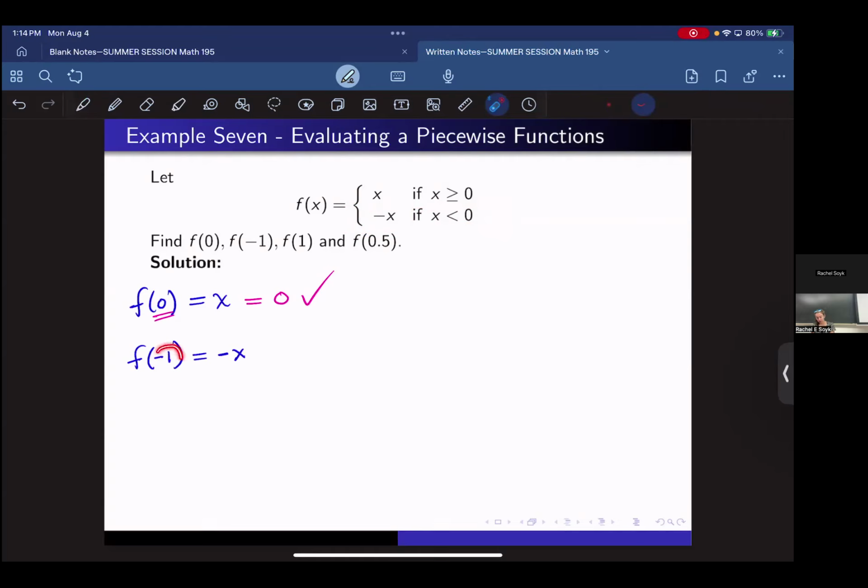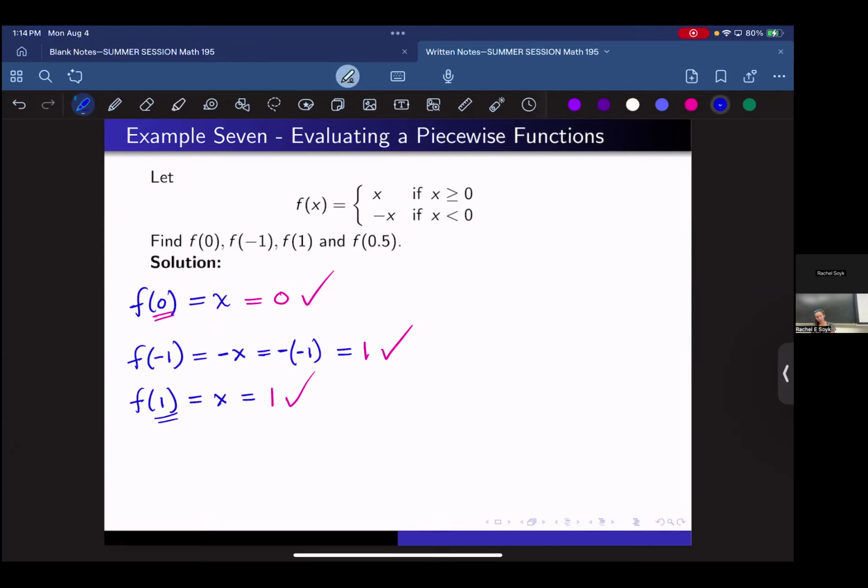And again, our x here is -1, so we're looking at negative times -1, which gives us +1. Good. Now we have f of +1, so we're back to the top one, where we get x, and our x here is 1.